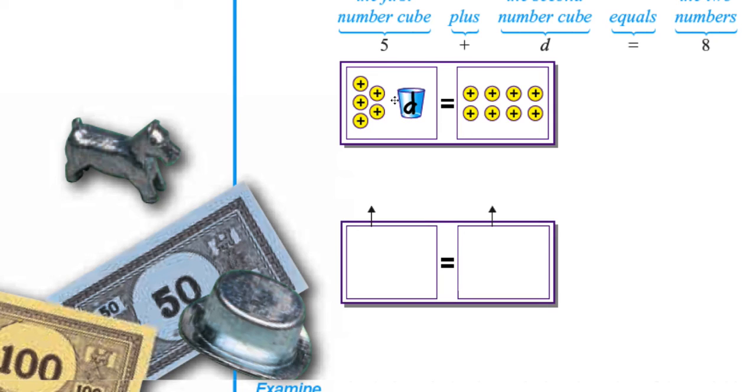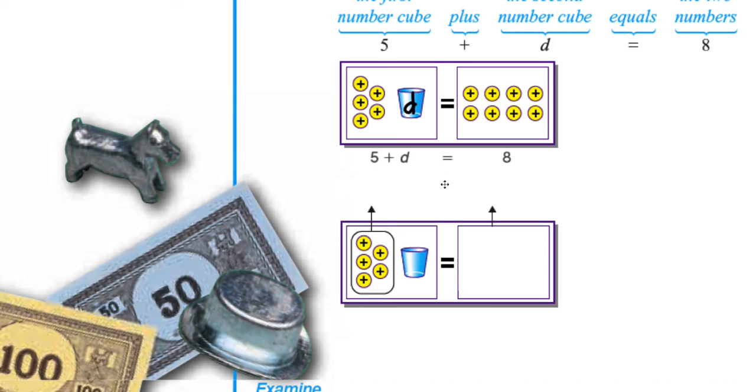Again, our objective is to isolate our cup, meaning leave it on one side of the equation. The only way to do that is if we take away 5 counters on this side. That means we also need to take away 5 counters on that side, and that's exactly what we did. Take out 5 counters on this side.